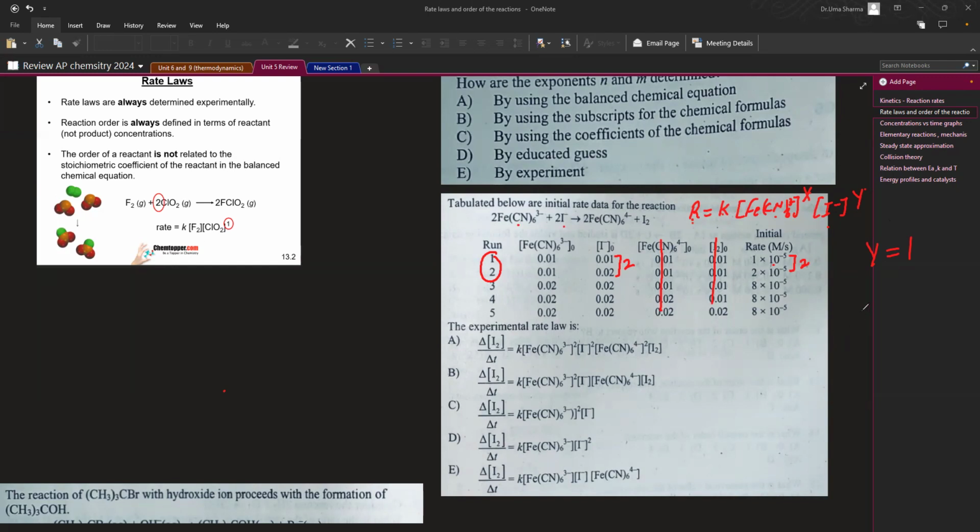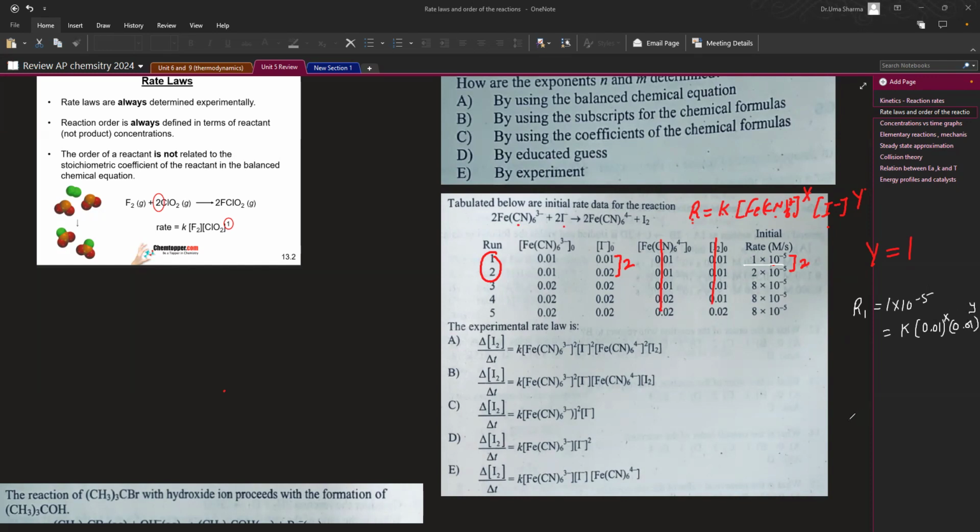And according to mathematics, rate 1, which is 1 times 10 raised to power minus 5, is equal to K times concentration of Fe(CN)6, that is 0.01 raised to power x, and I minus, 0.01 raised to power y.